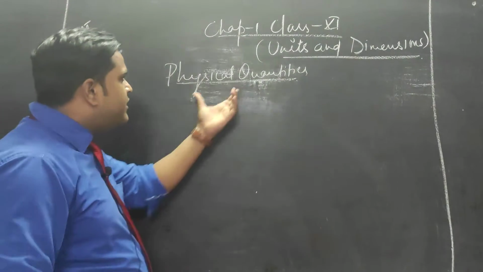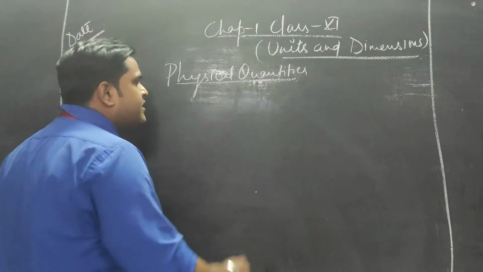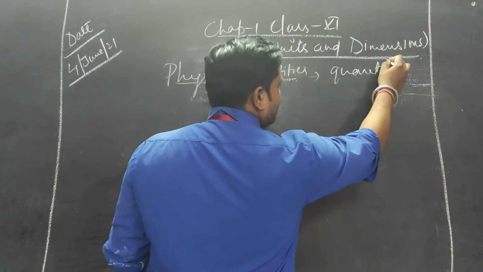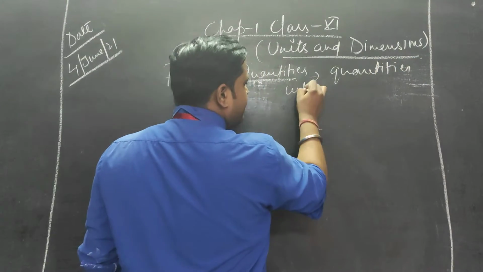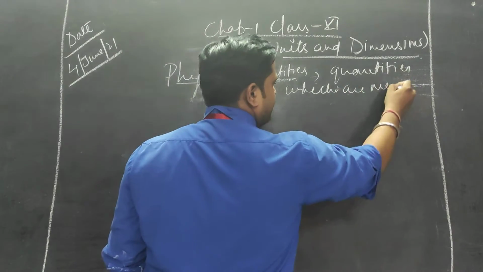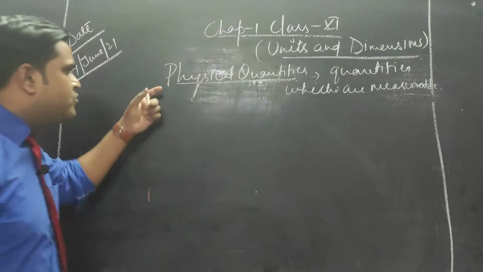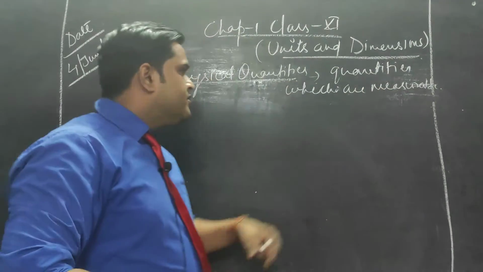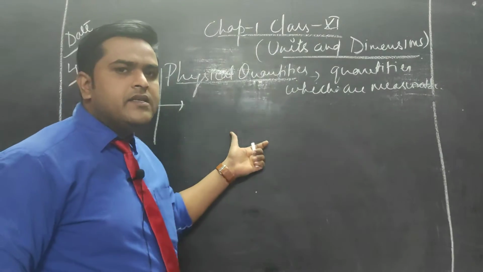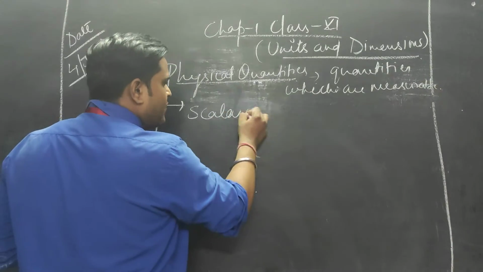So first of all we'll discuss what are physical quantities. As the name suggests, physical quantities are the quantities which are measurable, that is, those quantities which can be measured. We classify these physical quantities into two categories. Number one, scalar quantity.